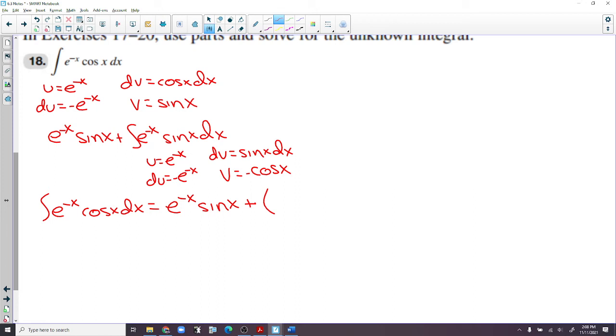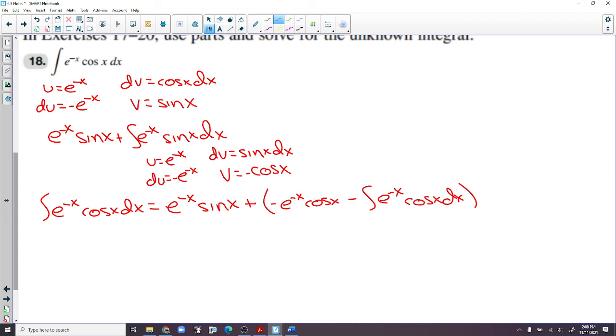All right. Negative e to the negative x cosine of x. Minus minus is a plus, so minus e to the negative x cosine of x dx. I guess I didn't read parentheses if that's a plus sitting there.